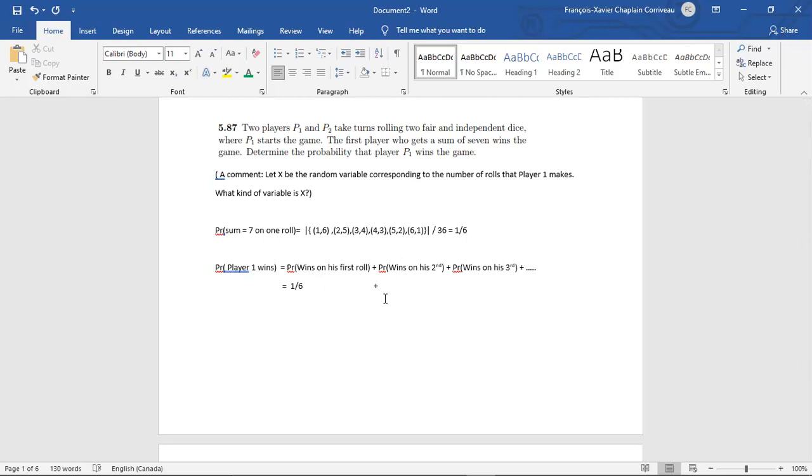What needed to happen now? He fails the first, and player 2 doesn't roll a 7, right? They take turns. So he fails his first, player 2 fails, and then he wins on his second. That means there were 2 failures and 1 success.